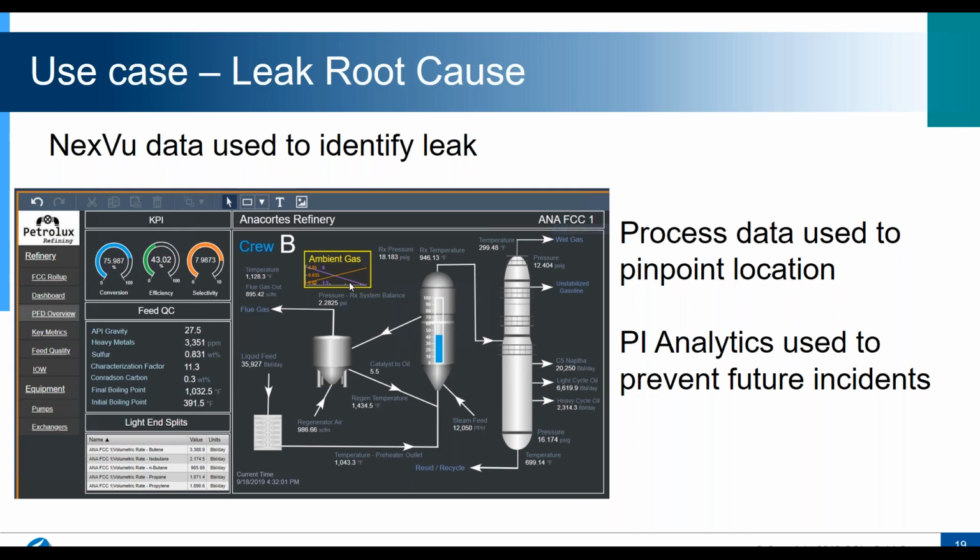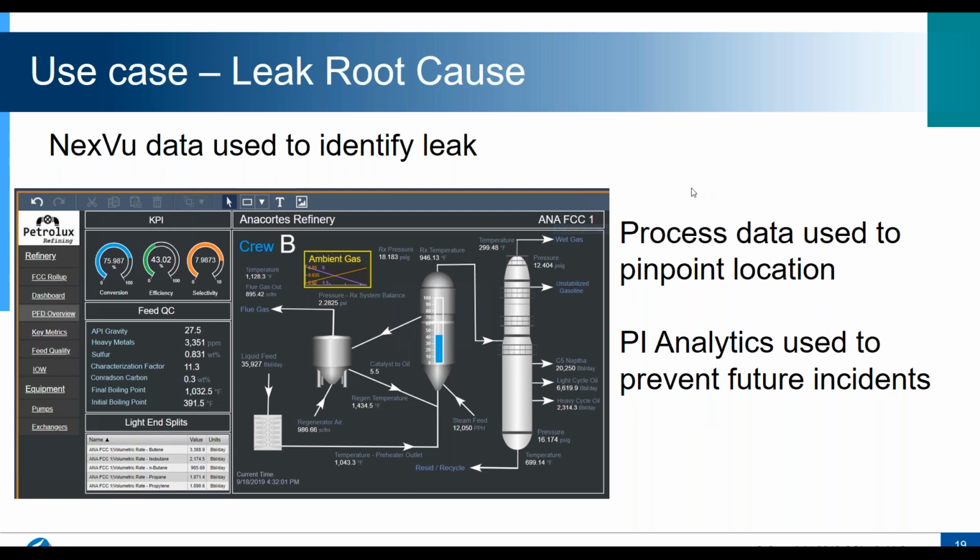So using the process data in conjunction with the NexVu data, we can visually see when something's wrong, but we can also configure rules in the PI system to notify when one of these conditions is taking place and be much more proactive about if we have to close a valve or evacuate an area before you reach concentrations that are hazardous or dangerous to health.